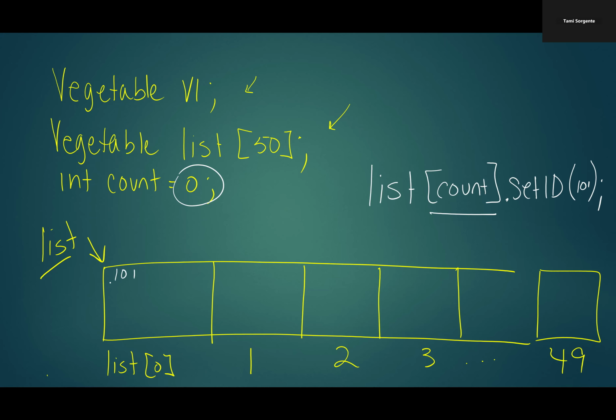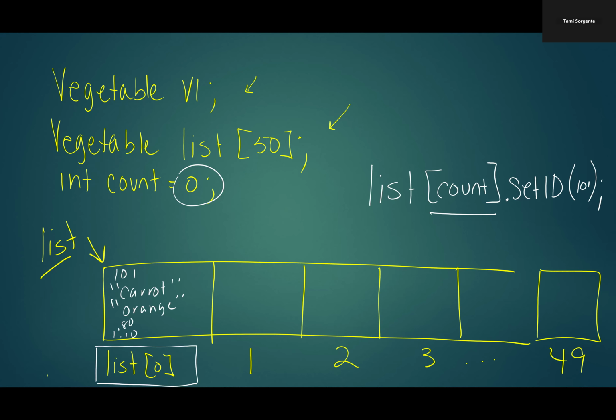If you set the name, you would have carrot. If you set the color, you would have orange. If you set the price, it would be like, whatever, 80 cents, and the cost $1.10. So that's going to be my first vegetable. V1 is not the name of the vegetable. List at index 0 is the name of that vegetable.